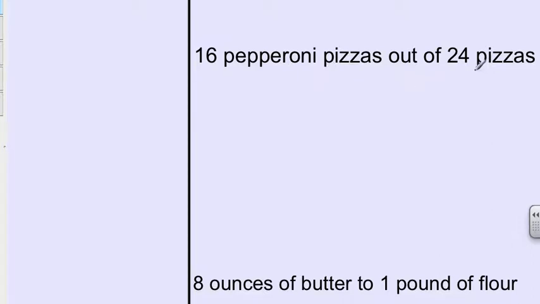All right, let's look at this next question. 16 pepperoni pizzas out of 24 pizzas. I'm comparing pizzas to pizzas. So how many do I have? 16 out of 24. 16 to 24. 16 colon 24. Those are all 3 forms. Then just make sure you take the time to reduce them.